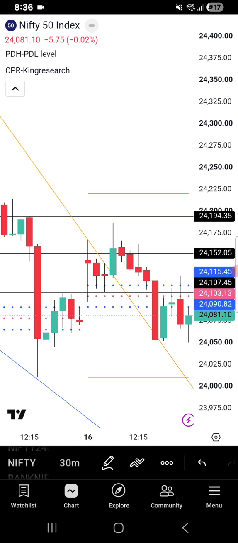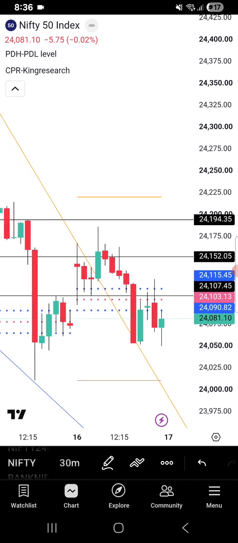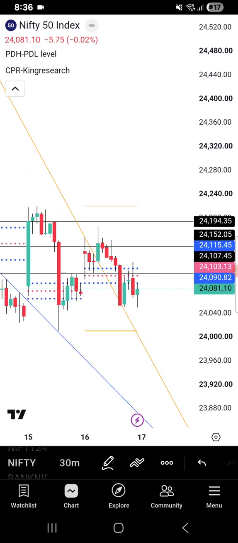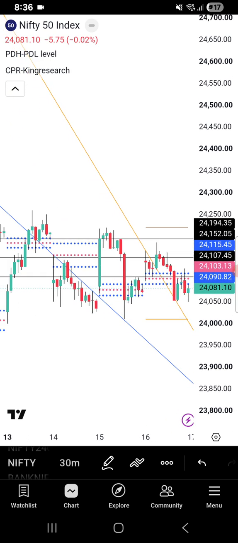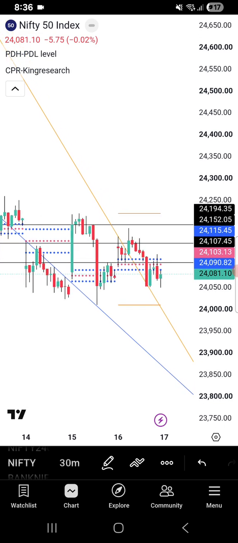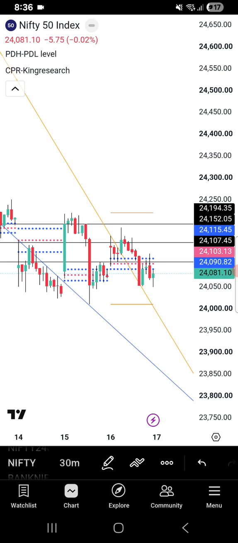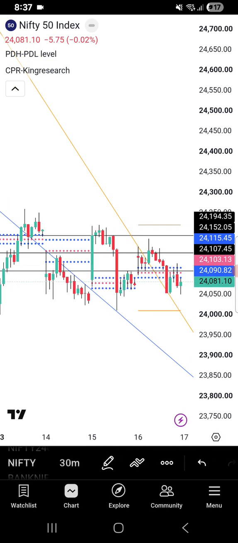Overall it didn't have any directional move for today, because for the last couple of days the market has been consolidating in a range from 24,050 to 24,200, and the same thing happened today. In the coming days, as long as price continues in this range, we'll see a consolidation. But once the price has a good closing above 24,200, then we could expect a good directional move.